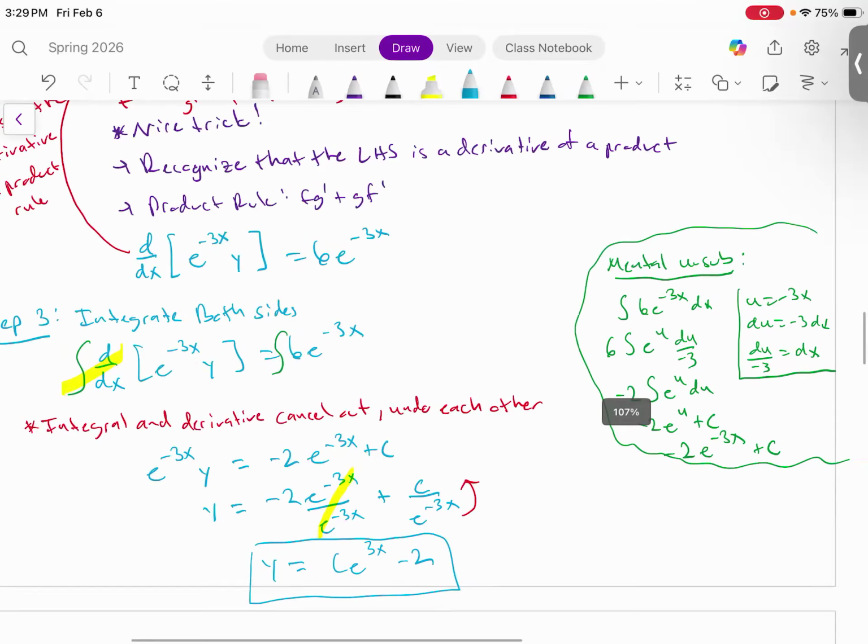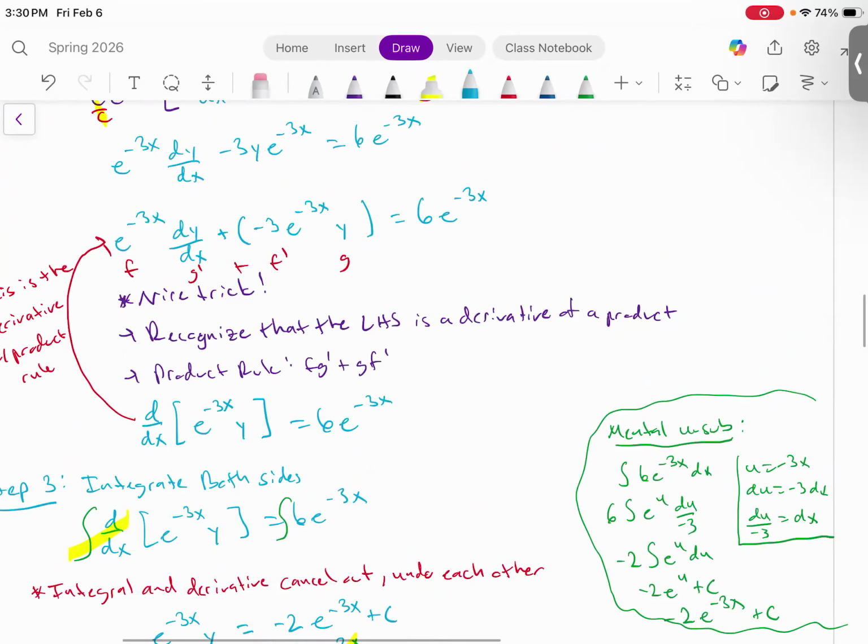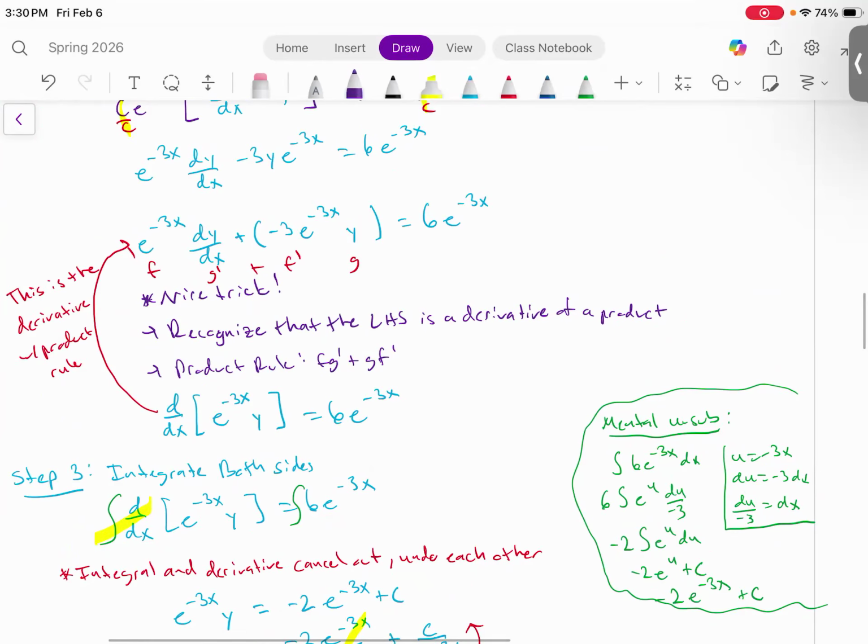As you notice, solving a linear equation using this method takes a bit of steps and takes a while. So you just have to be careful that you have the right integrating factor. A key indicator here is that if it's not a product rule, something went wrong.